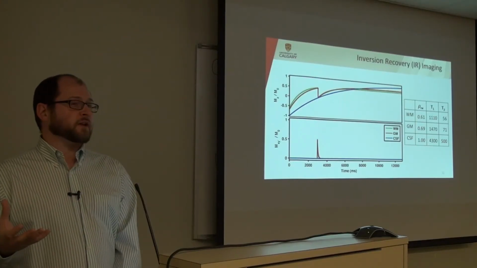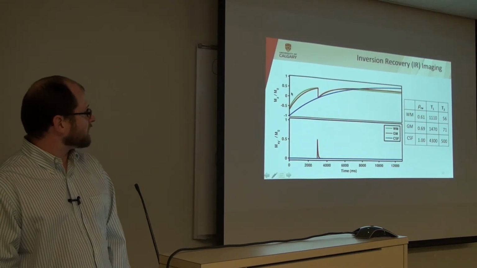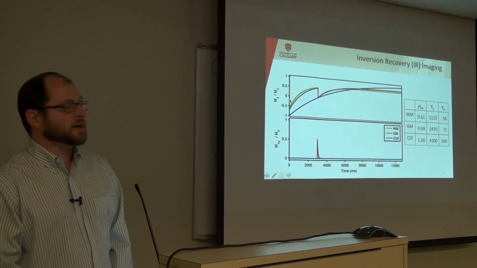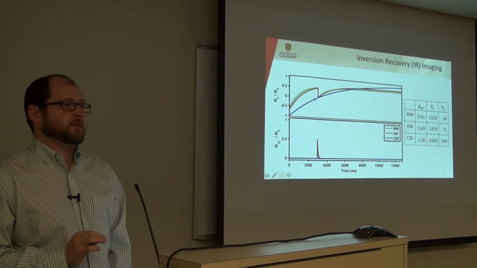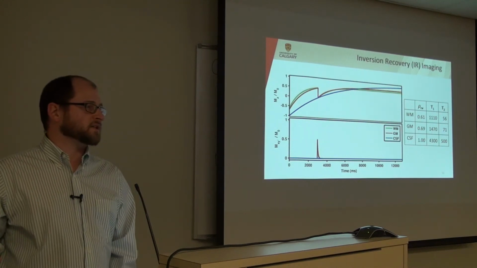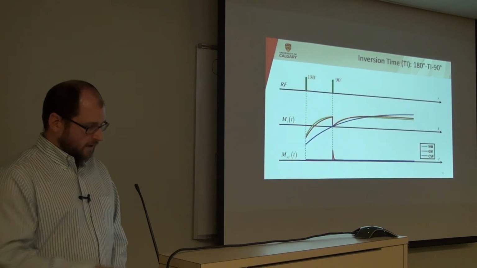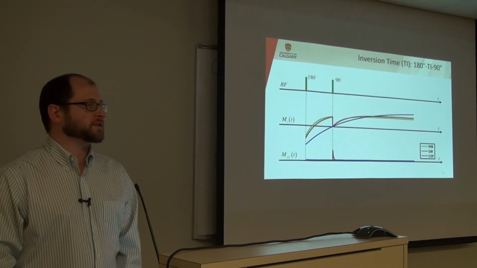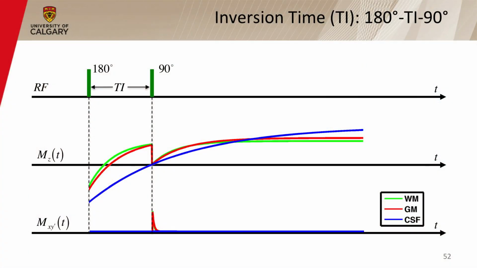So the essence of inversion recovery is timing between the initial 180-degree pulse and the second 90-degree pulse at just the right time to basically null all of the magnetization from a particular chemical species. And the way this looks in our modified pulse sequence vector diagram, we have a 180-degree pulse, and then we have some inversion recovery time, which we call TI, and then we apply a 90-degree pulse.